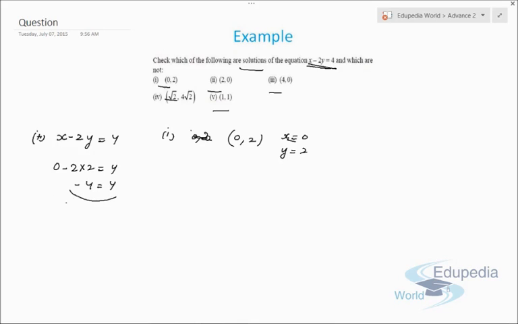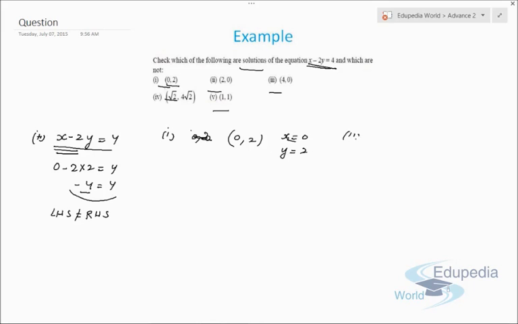Why? Because when we put the values of X and Y in this equation, we get minus 4 equals 4. So LHS is not equal to RHS, meaning the left hand side is not equal to the right hand side. So 0 and 2 is not a solution of this equation.